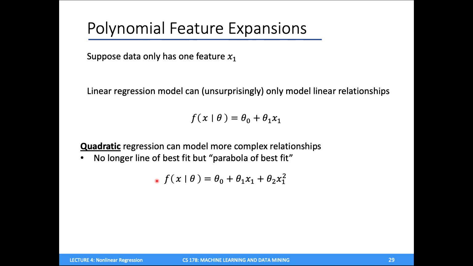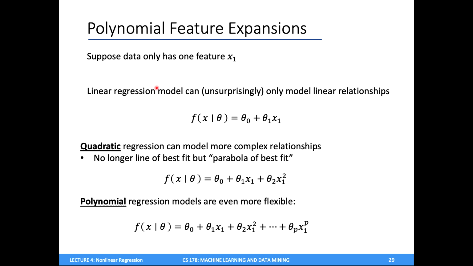The equation for quadratic regression is very similar to linear regression: we've got a bias term, theta 0, a term theta 1 corresponding to the linear effect of x1, and a new parameter, theta 2, which is multiplied by x1 squared. So again, we're trying to find theta 0, theta 1, and theta 2 to create a parabola that matches our data as best we can.